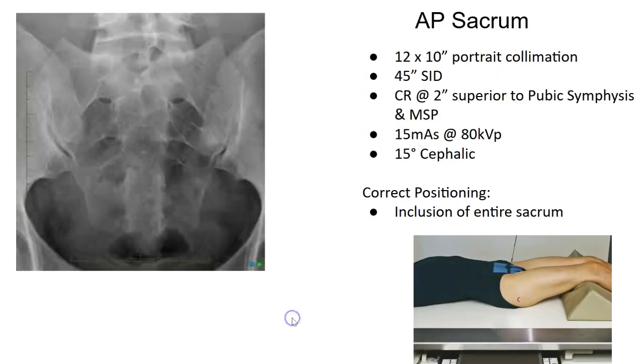Okay, and then let's look at AP sacrum and then AP coccyx. So the AP sacrum, again, the patient is now laying on their back recumbent. We're going to use 12 by 10 portrait collimation, 45 inches SID, and we're centering 2 inches above pubic symphysis and mid-sagittal plane. When you do a sacrum, you want to add a 15-degree cephalic tube angle.